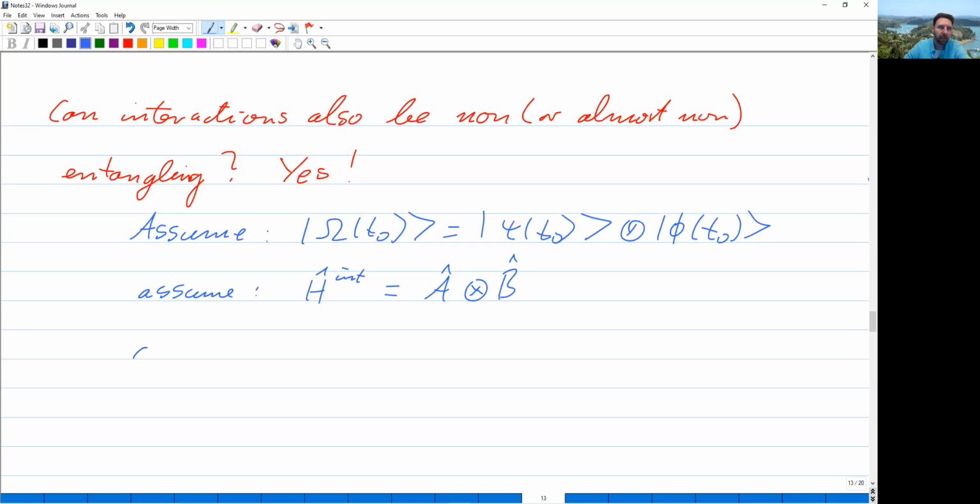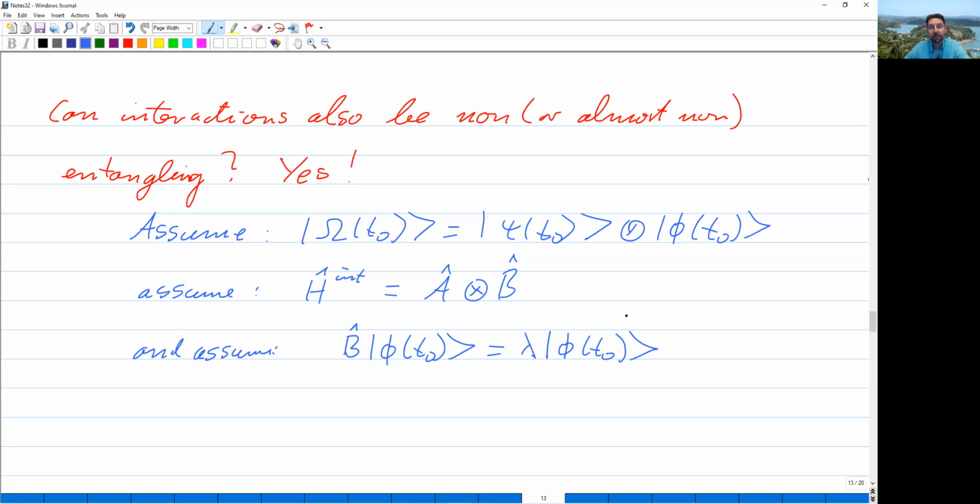And assume one more thing, which is that B hat, when acting on that state here, remember it acts on the Hilbert space of system B, phi of t naught, turns out to be an eigenvector of B. So let's assume this to be the case.